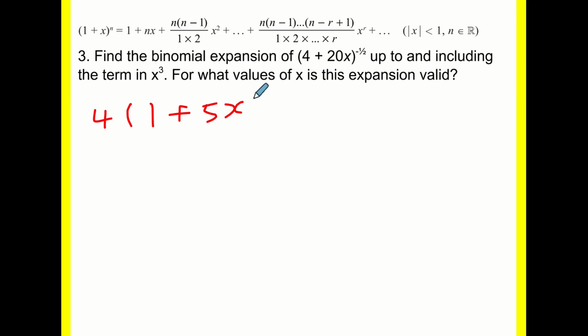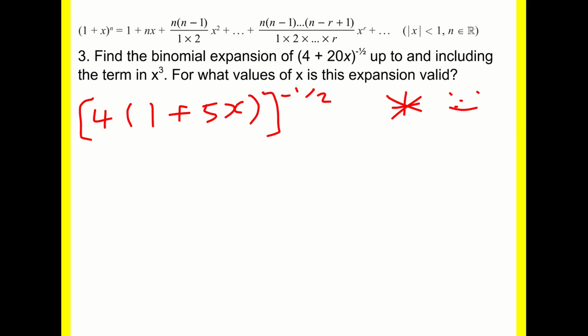So I basically made 4 plus 20x, 4 bracket 1 plus 5x. Now I still need to raise all of this to the power of minus a half. And so note, I have put the whole thing in a square bracket this time, just to distinguish which brackets go with which. But this is the crucial bit. Crucial.